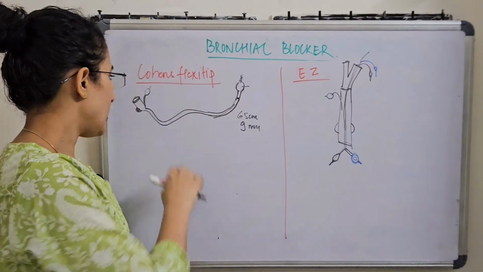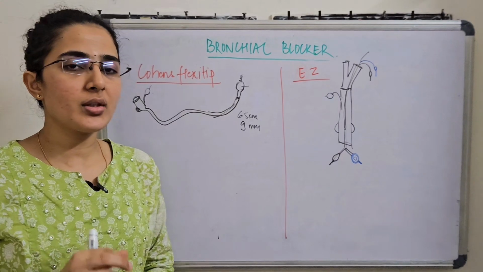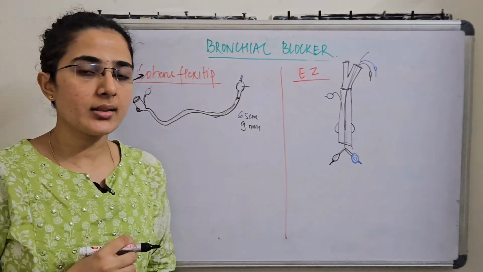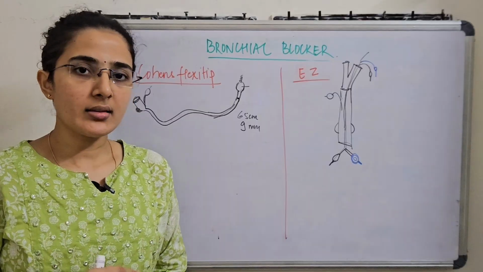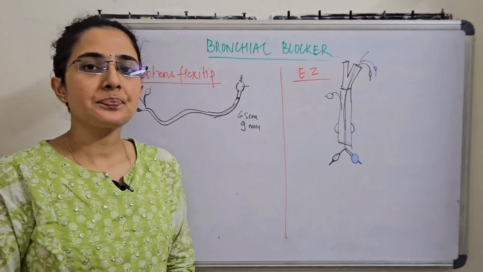Once it is set in position, it is locked using a locker. There were depth of insertion markings of this bronchial blocker which can be noted, and it is locked in place. So this was the Cohen's flexi tip.